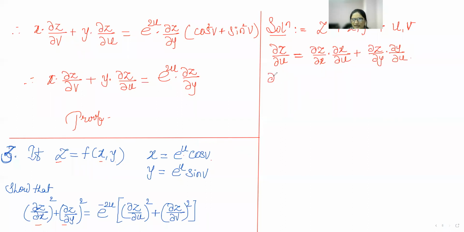Similarly, taking the derivative of z with respect to v is equal to dou z by dou x into dou x by dou v plus dou z by dou y into dou y by dou v.